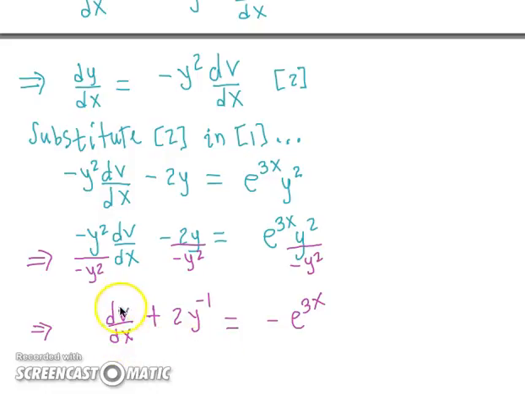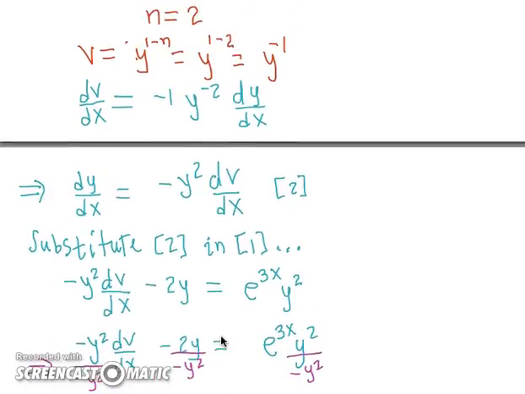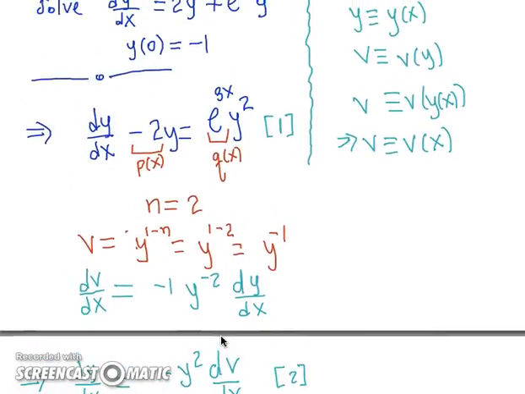And by doing so, we now obtain the derivative of v plus this expression equal to the exponential of 3x. Now, this term here, y to the minus 1, we're going to invoke our substitution: y to the minus 1 is precisely that new variable v.